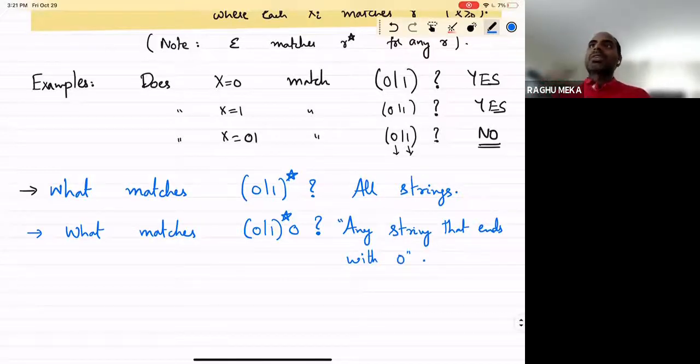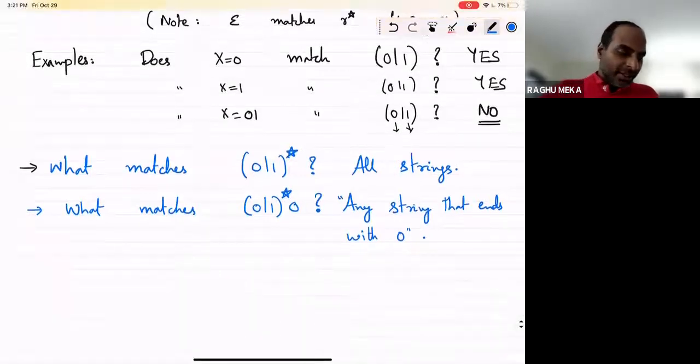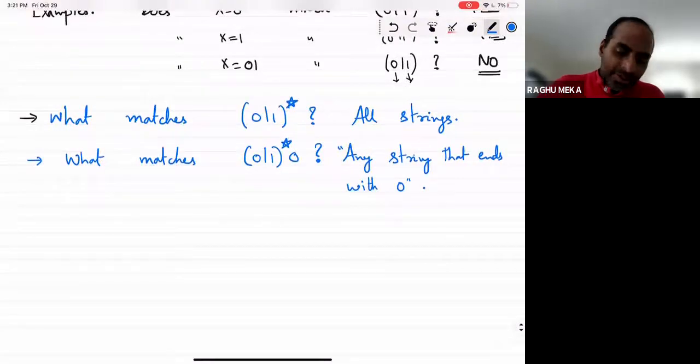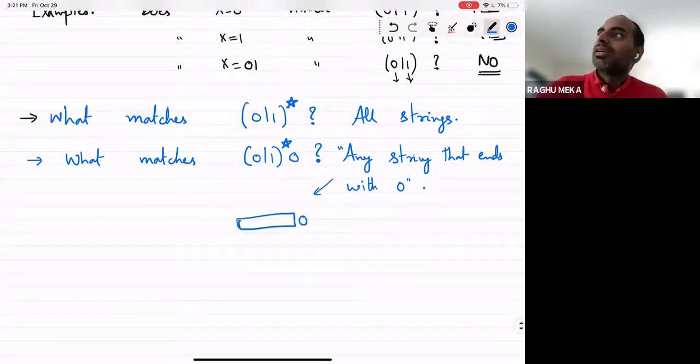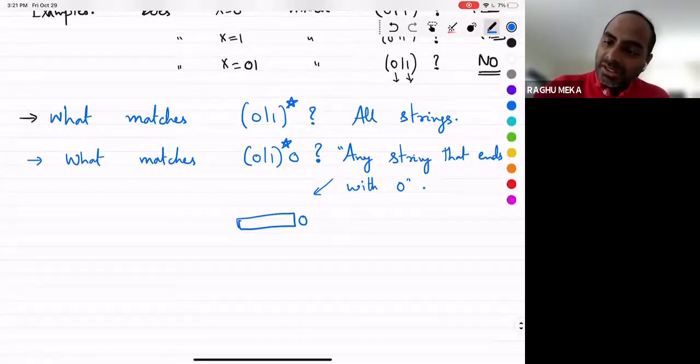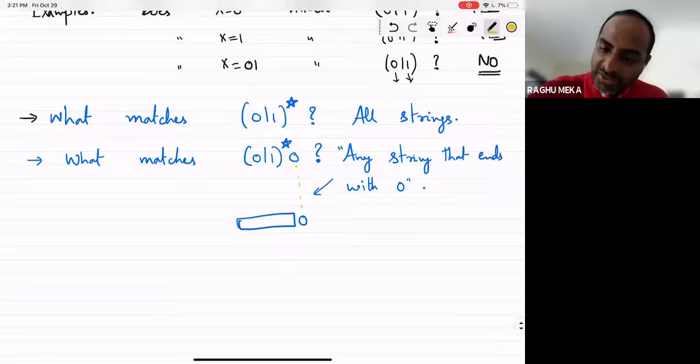Okay, so instead of saying, filter out all strings that end with 0, I can say find all strings which match the pattern 0/1 star 0. Okay, and so basically the reason is that take any string which ends with the 0 at the end. The way I would match it is I would match the 0 here to this guy and this to whatever prefix you might have.